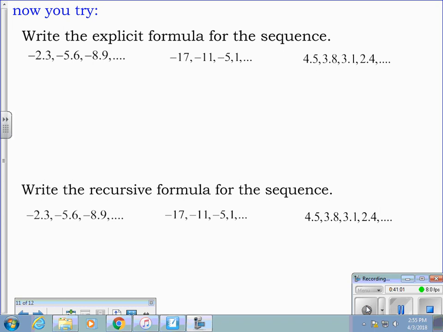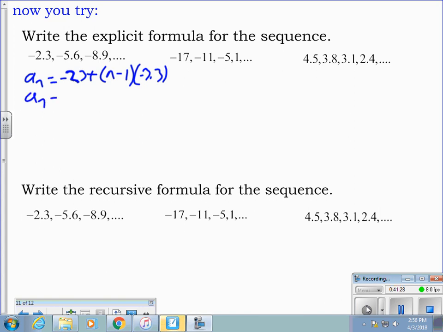Okay, here we go. So, a sub n is a sub 1, which is negative 2.3, plus n minus 1 times, and the difference was negative 3.3. Okay, so your D is negative 3.3.